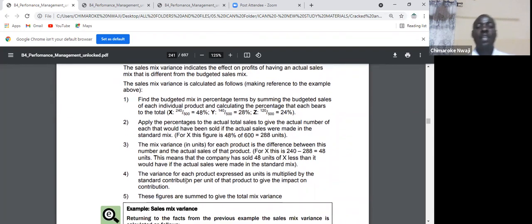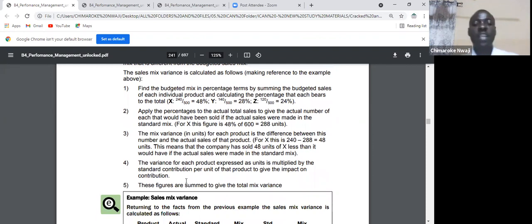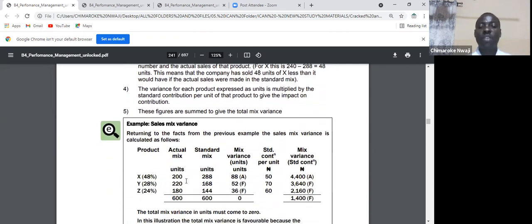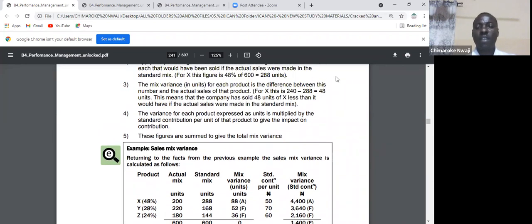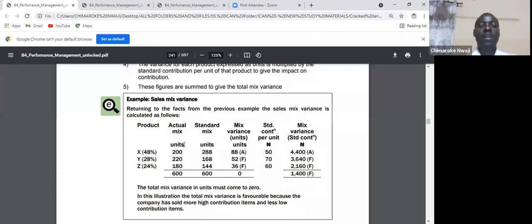Okay, then the fourth one here is the variance for each product expressed as units, multiplied by the standard contribution per unit. When you sum their variances, you have a total variance. So let's look at it here. Actual mix. And wait a minute, I was correct when I said it's 88 and not 48. Sorry, that's a mix up here.